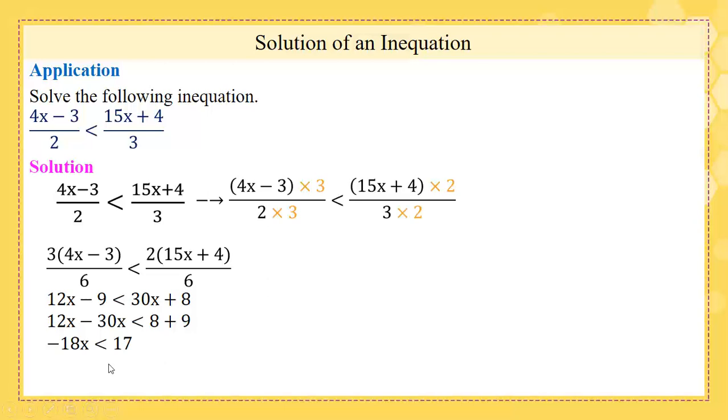Now the coefficient of x is -18, which is a negative number. So we divide by -18 and we change the direction of the inequation to get x greater than 17 over -18. So x greater than -17 over 18.